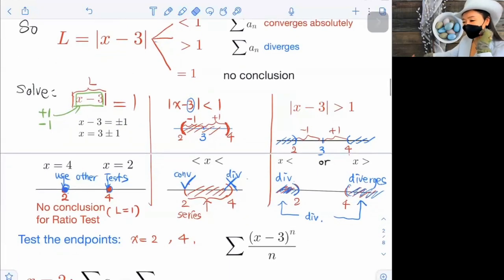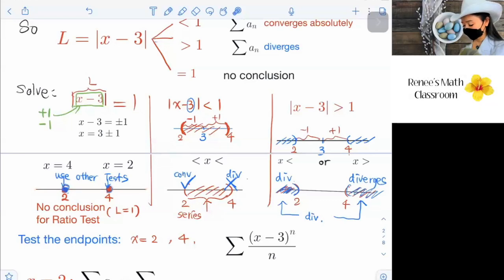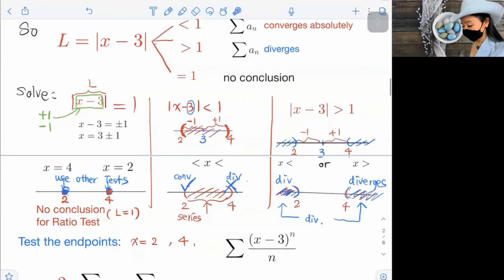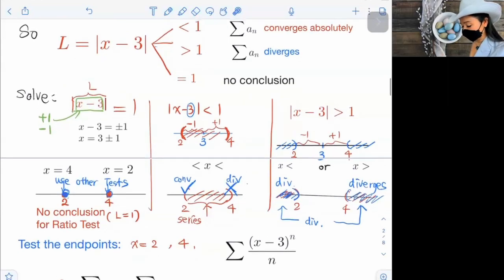On the number line, I'm going to draw these two numbers, 2 and 4. Notice that when x equals 2 or 4, we have no conclusion because L is equal to 1.